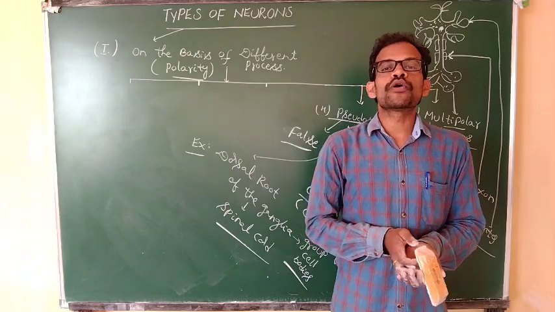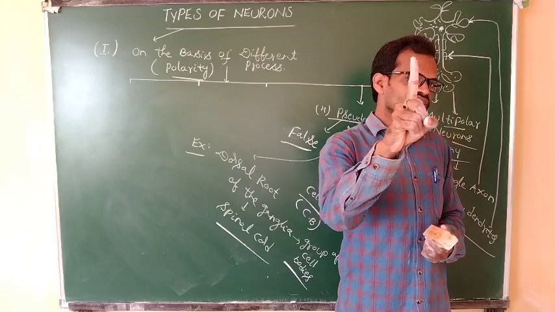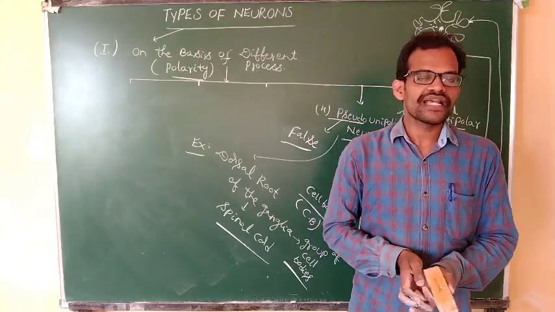Coming to the multipolar. Multipolar means many polarities. Many polarities means many dendrites, single axon. They are present in the brain and spinal cord.